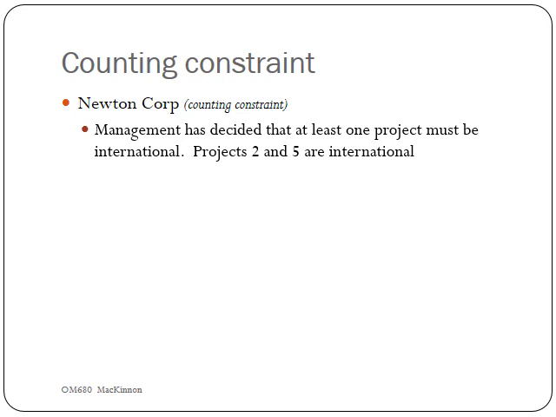This is known as a counting constraint. So this is the additional constraint that we have to add. This is the algebraic version of it: P2 plus P5 has to be greater than or equal to 1. One or the other or both of those have to be a 1.